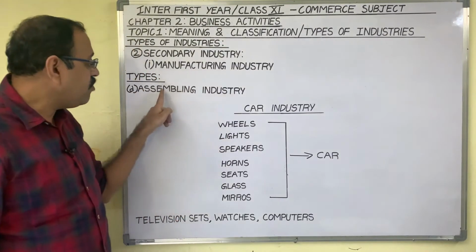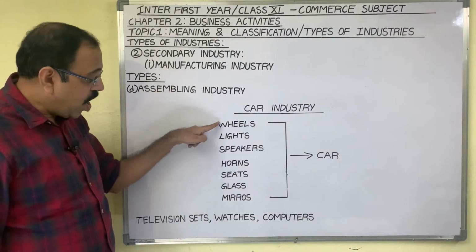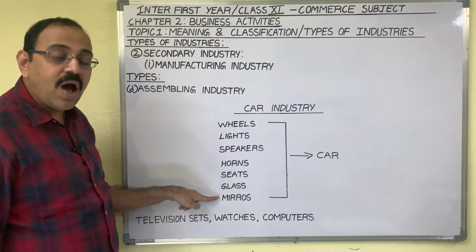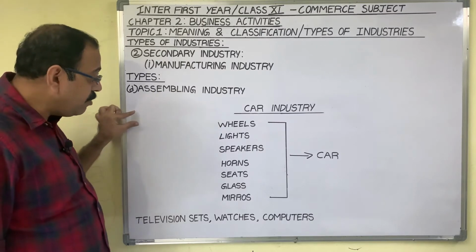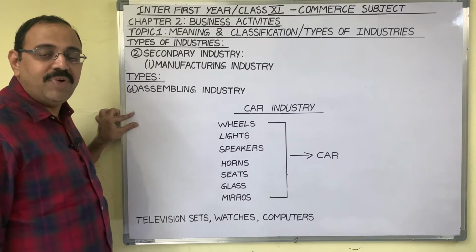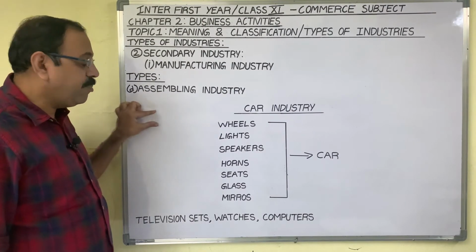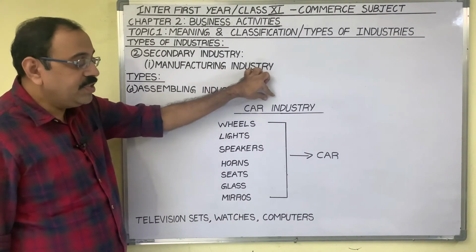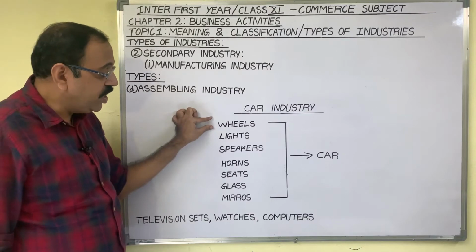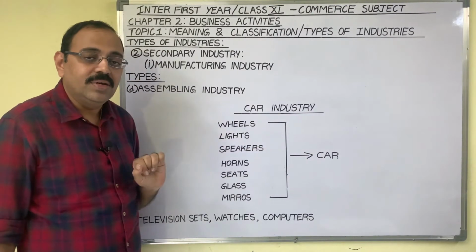But in case of assembling industry, all these components are finished products which are manufactured by other manufacturing companies. For example, a wheel company manufactured wheels, and car industry is using these wheels to manufacture car.